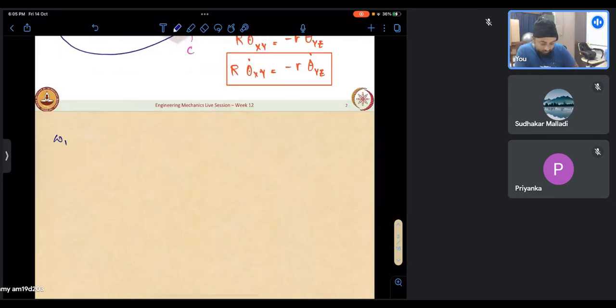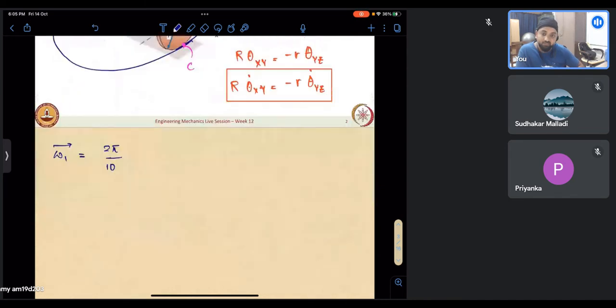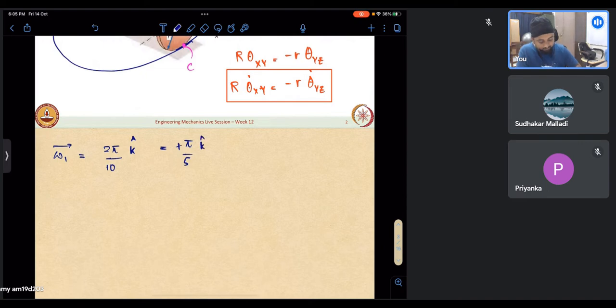So omega 1, we can write it as, it completes one full circle, which is 2 pi radians, in a matter of 10 seconds. And this is about the positive z, so this is k cap. So this is nothing but plus pi by 5 k cap. This is omega 1.